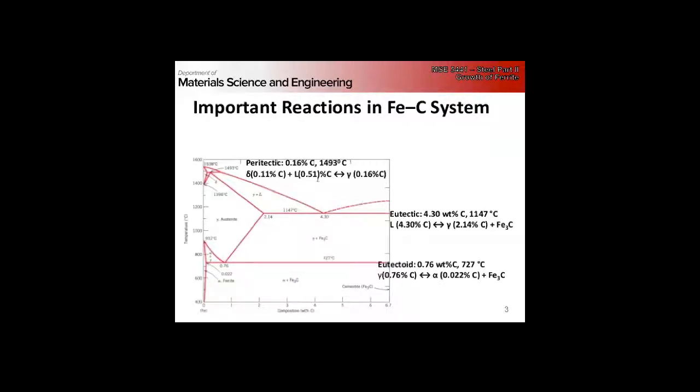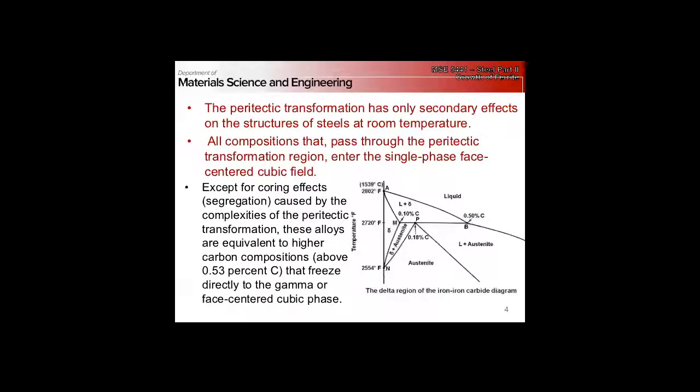And then, as I said, we've got this peritectic point up here, which we can basically ignore, except we're going to get some coring effects from alloys that go down, because now we have an inhomogeneous austenite if we cool through the peritectic point fast enough, right? But that's sort of a second order thing, and we don't really need to worry about it too much.